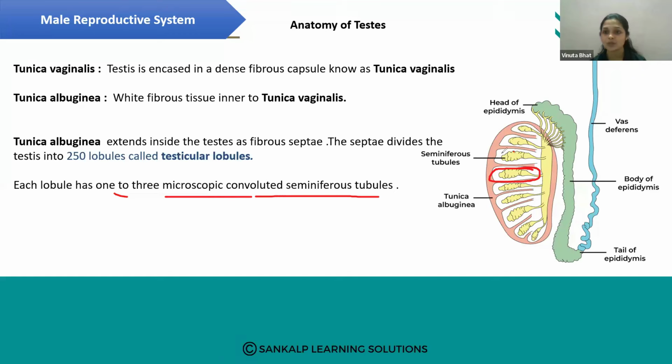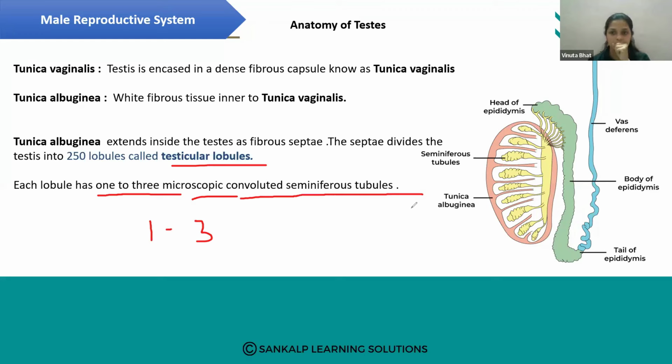Very important. These are the seminiferous tubules present inside the testicular lobules, around 1 to 3 microscopic convoluted seminiferous tubules in each lobule.